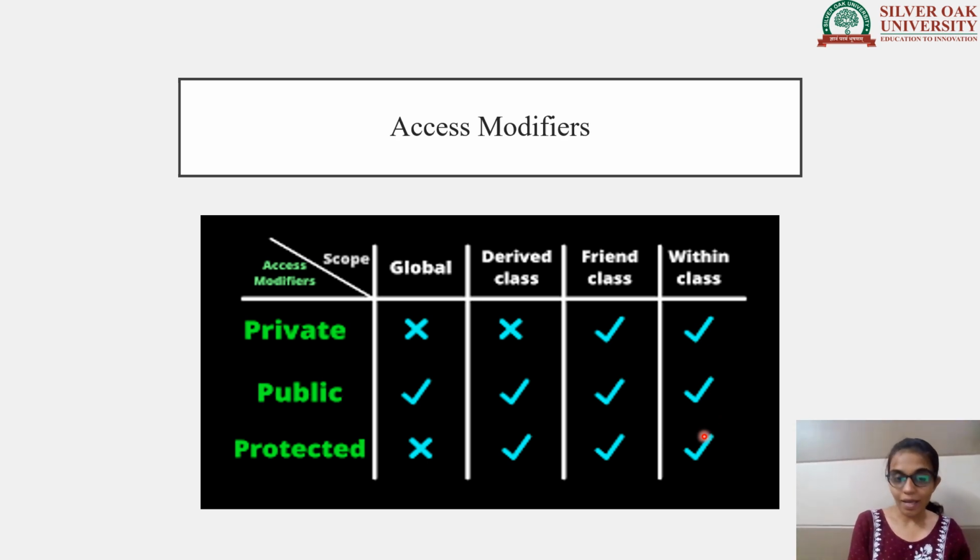So these are the three main modifiers: private, public, and protected. By default it is protected. If you are not defining the access modifier of some member, function, or property, then it is protected by default. Let's see the further topic.